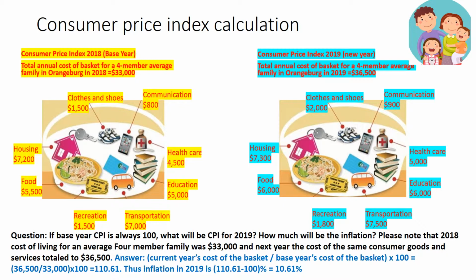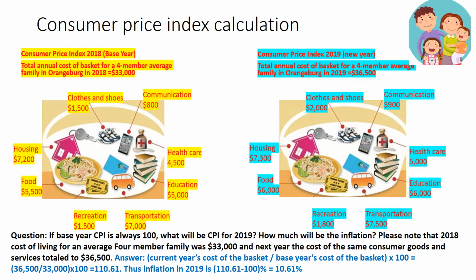We're going to explain how we can use the consumer price index for a new year based on the data about the cost of a basket of essentials for living for a four-member, average family.